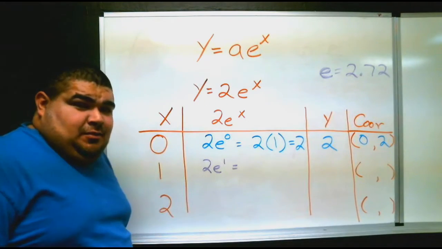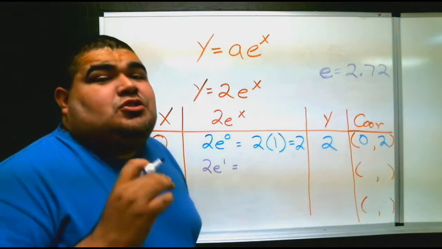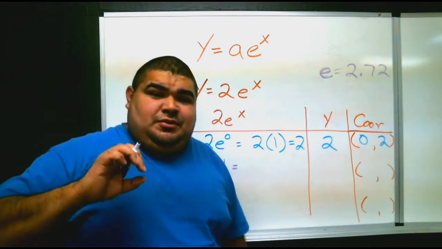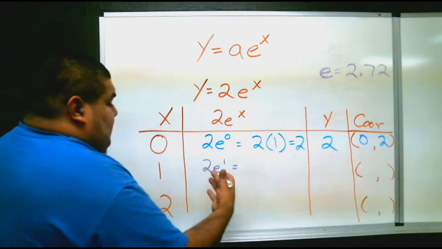If you get a decimal number, just plug in two numbers after the decimal point. If the third one is 5 or more, round the second one up. So in this case, it's very simple.